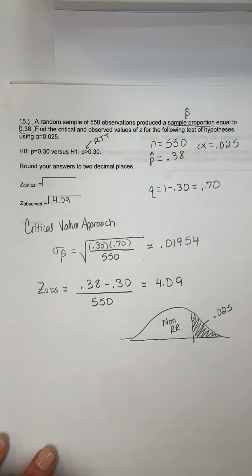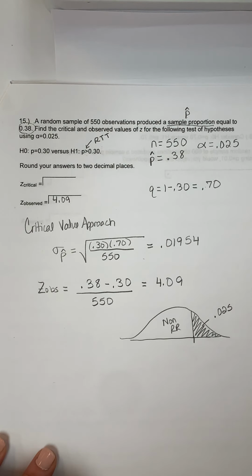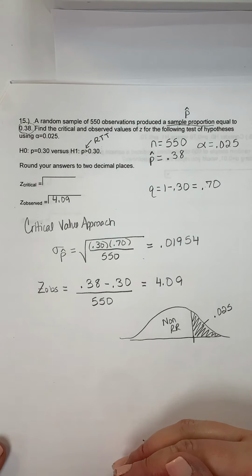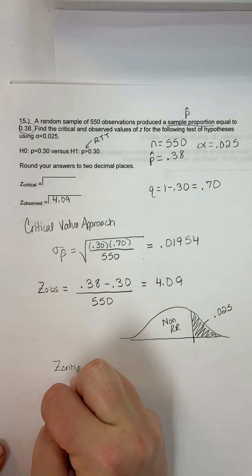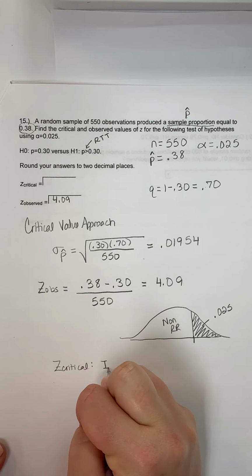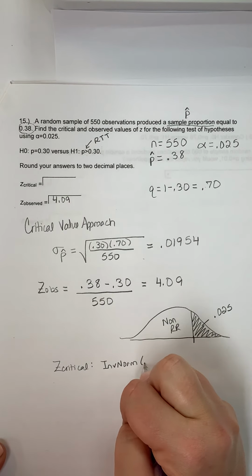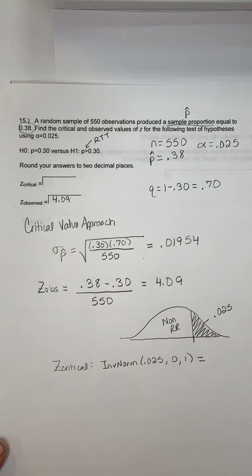Okay, now we want to know, what is this critical value? Well, if you look at our steps on our little paper that tell us what to do to find your Z critical, you're going to do inverse norm, the alpha, comma 0, comma 1.